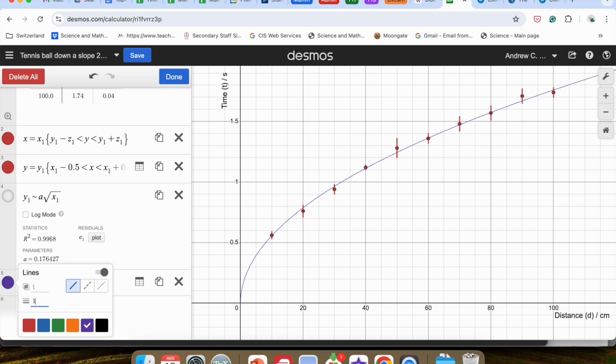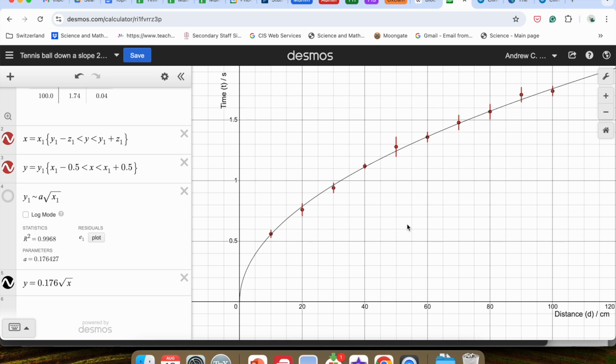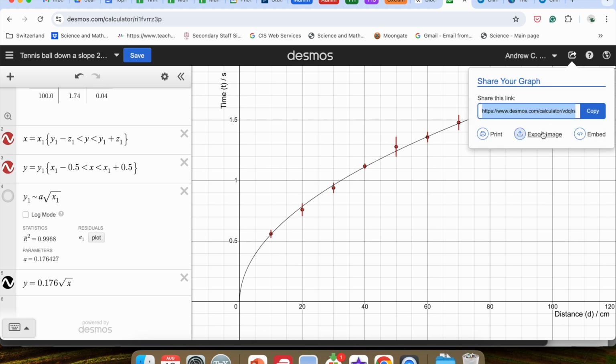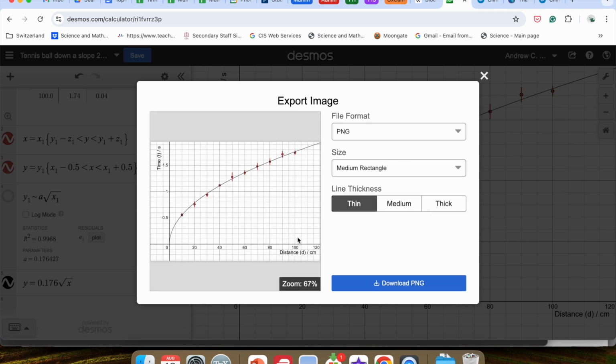For instance, the line, you can make that a bit thinner, easily change the color and so on, so you can get a nice graph. Okay, when you want to export it, do not just screenshot, go up here and export the image, and you can export a nice PNG that goes straight into your lab report.